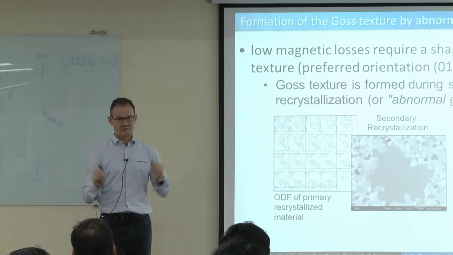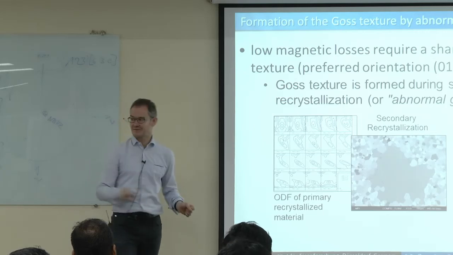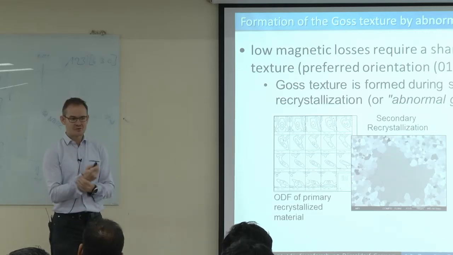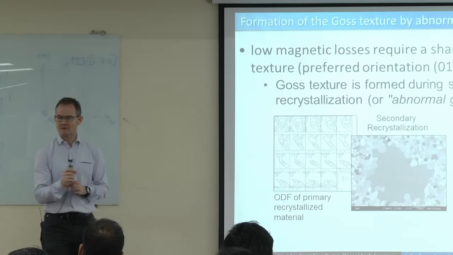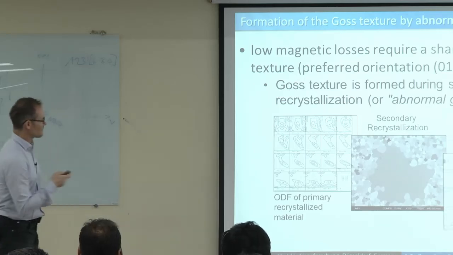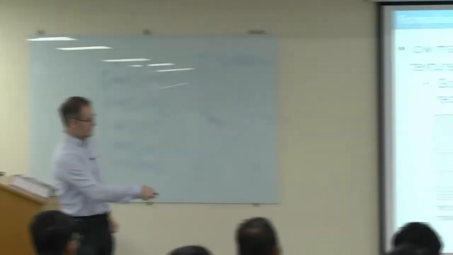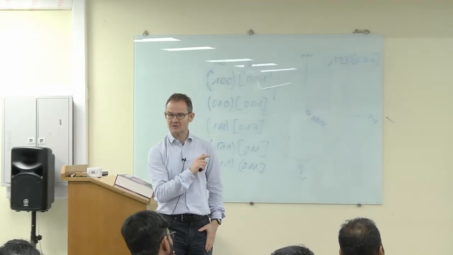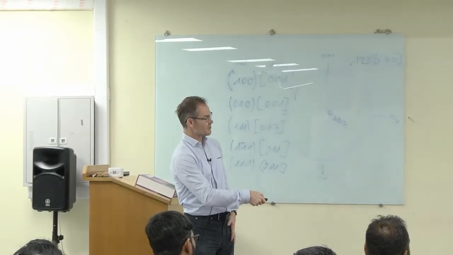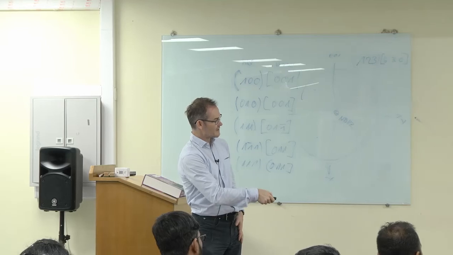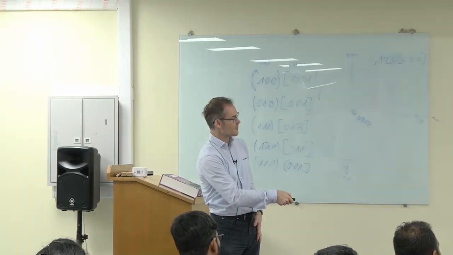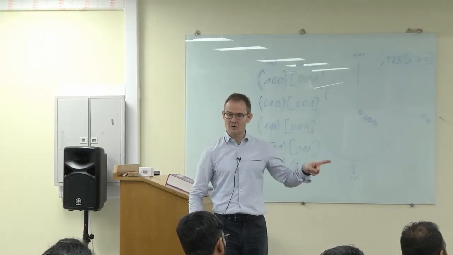It's still not understood. I think I have a theory why it is, and we're currently proving it, and then we will write up a big paper solving a 100-year-old problem. But anyway, after secondary recrystallization has happened, all the orientations have changed. There's nothing left of that, and it's only the Goss orientation left over, this 110-001.